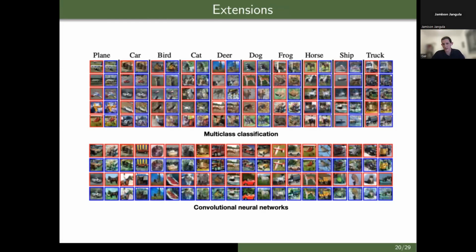So I would say that our results show that at least in some settings, it is possible to reconstruct training data from a trained network. The main limitation of our results is that our training data sets are relatively small. Here I showed an example with 500 images.